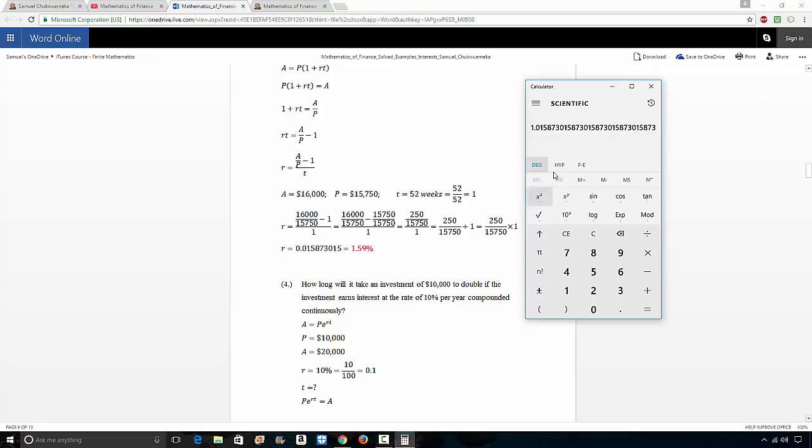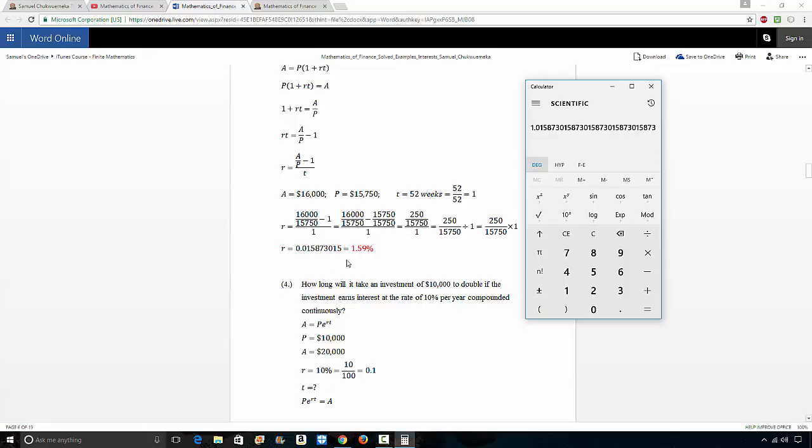So that is why you have to be cautious with mathematics of finance. We want to be very correct to the number of decimal places that we are asked to.